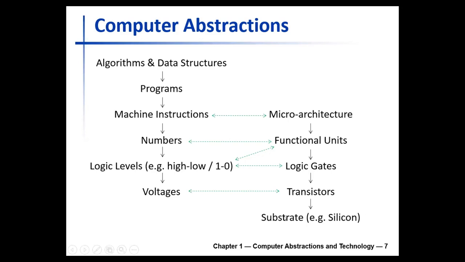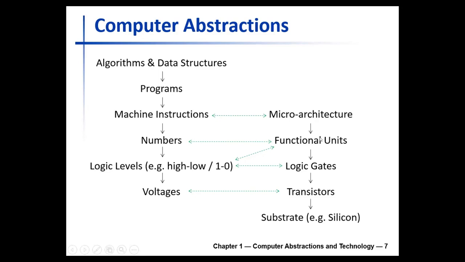You have the substrate, then transistors built using those semiconductor substrates, logic gates built using transistors, functional units built using logic gates, and microarchitecture built using functional units and other logic elements, right? So the hardware hierarchy is what we've been talking about so far, and it makes sense, right? At each level of this hierarchy, what you have is an abstraction, and that abstraction is built based on other abstractions at the bottom.